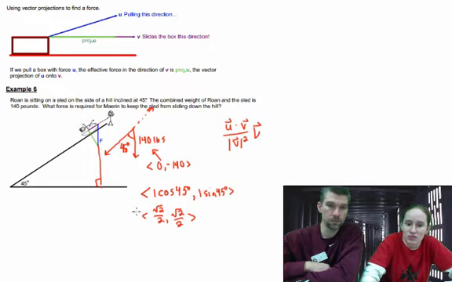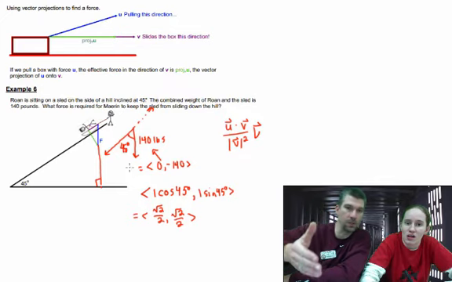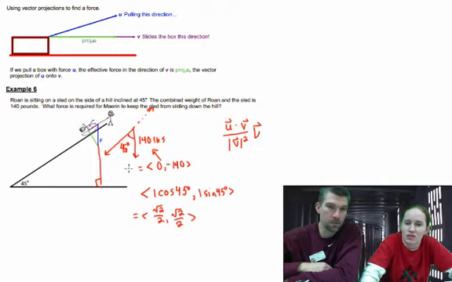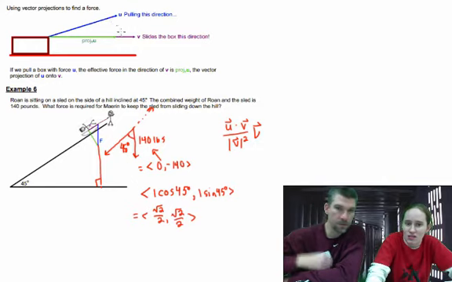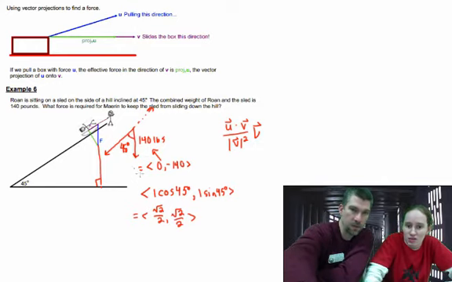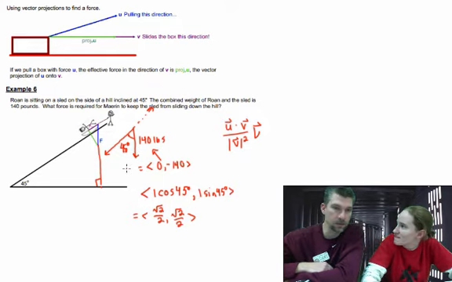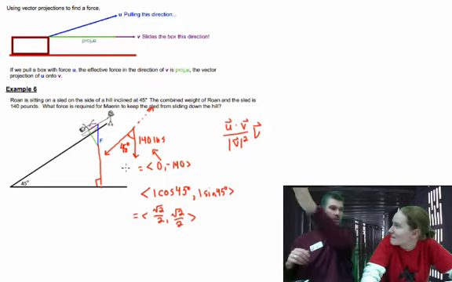Which one of these is U and which one of these is V? Let's go with the 140 part being the long guy that's on the top projecting down. So which one is that? That was the long one coming down.